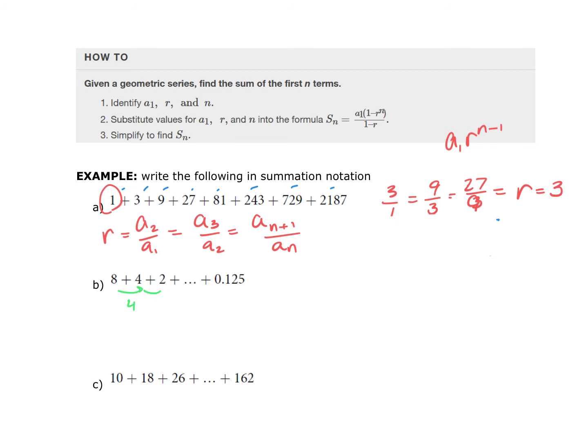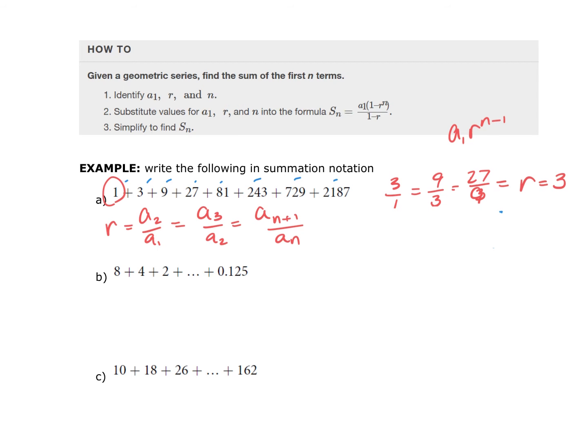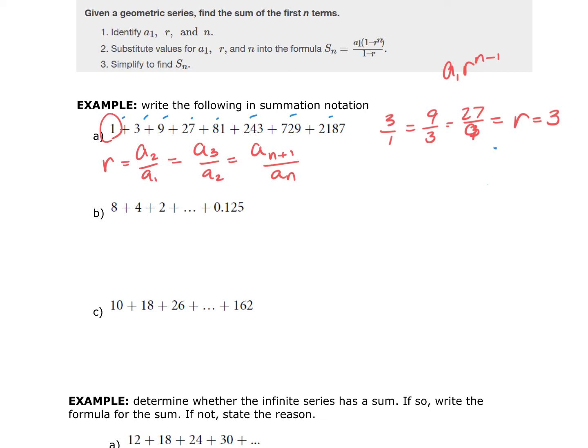So this is 4, this is 2. No, it is not a common difference, so I know it's not arithmetic. If it's not arithmetic, then I know it's probably going to be geometric. So let's look for our ratio. Our ratio will be 4 divided by 8 and 2 divided by 4, which seems to be holding as 1/2. So I now found my ratio.